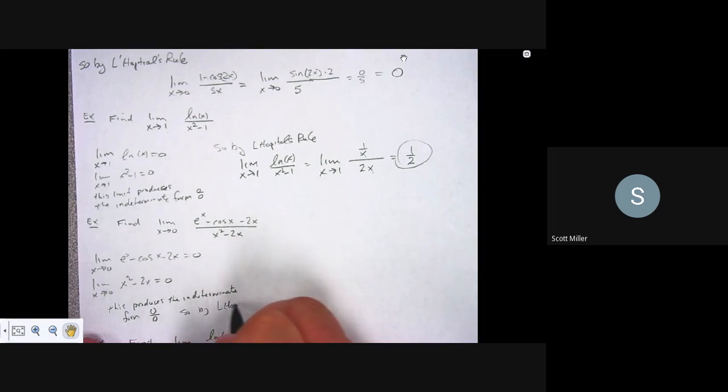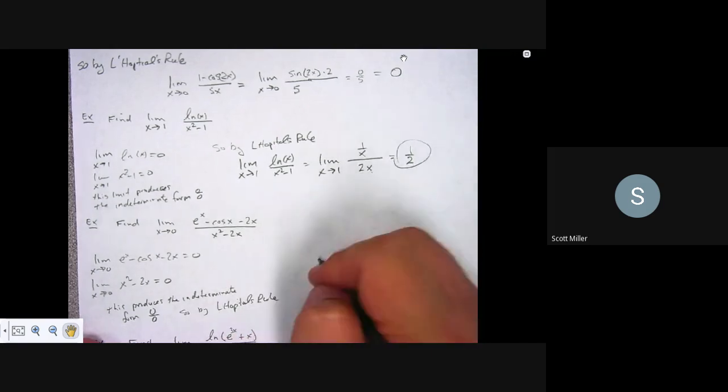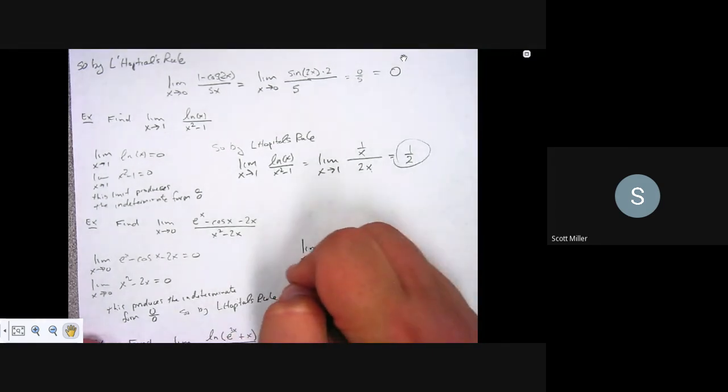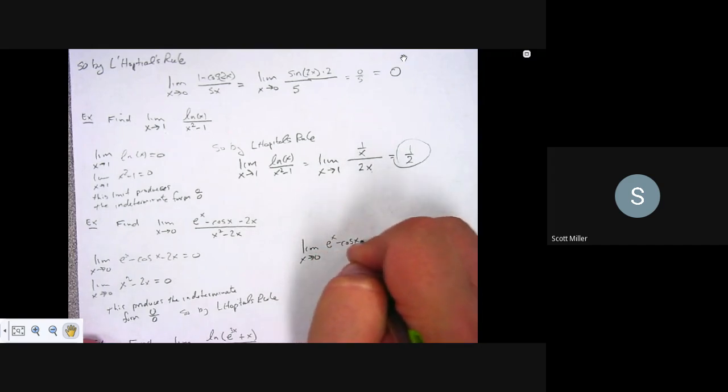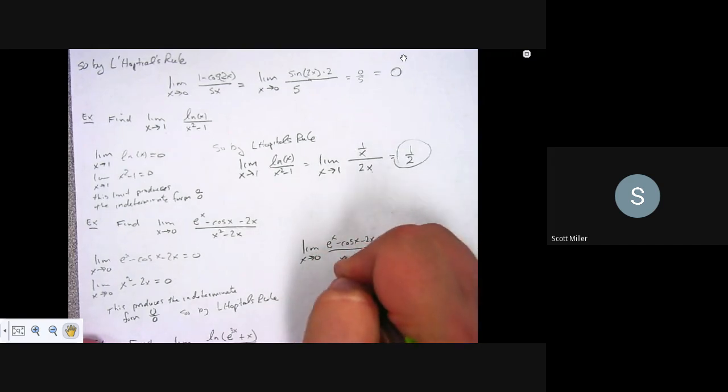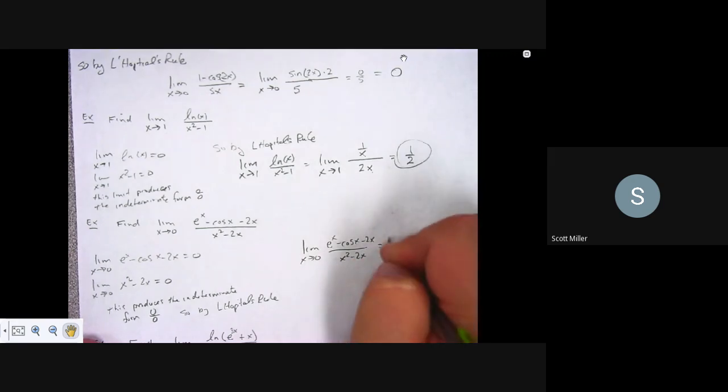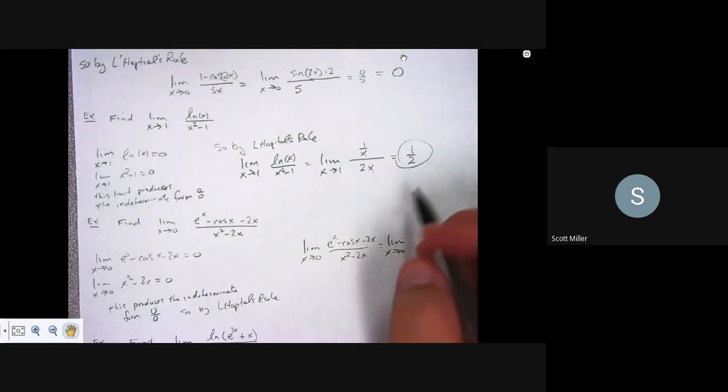So by L'Hopital's rule, the limit as x goes to 0 of all of this equals the limit as x goes to 0, and then we take the derivative of this.